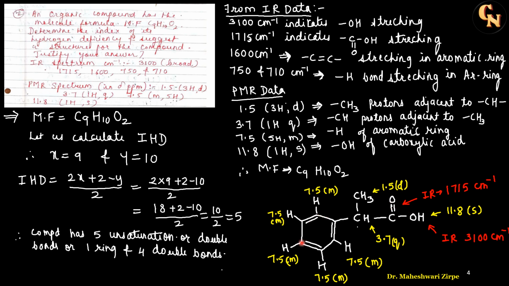So let us count. On the benzene ring there are 6 carbons, 7, 8, 9. So C9, yes, C9 is correct. Now the number of hydrogens: these 5 hydrogens, 5, 6, 7, 8, 9, 10. 10 hydrogens, so this is also matching, and there are 2 oxygens in our carboxylic acid group.